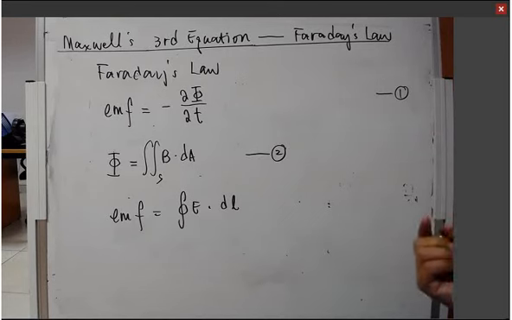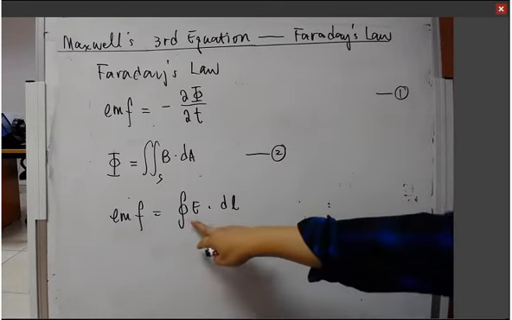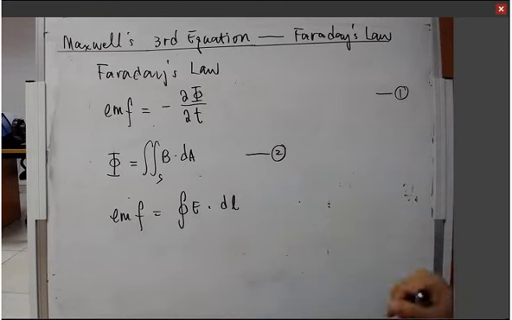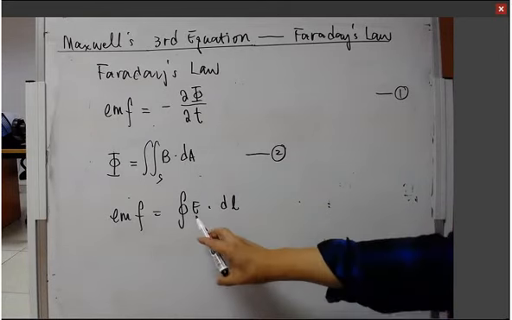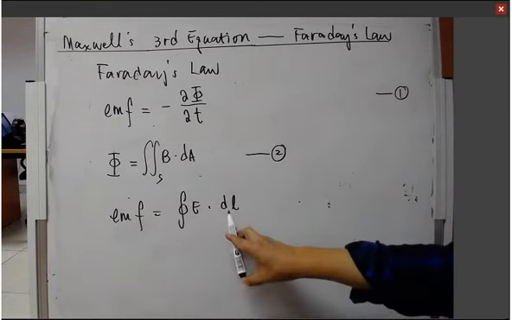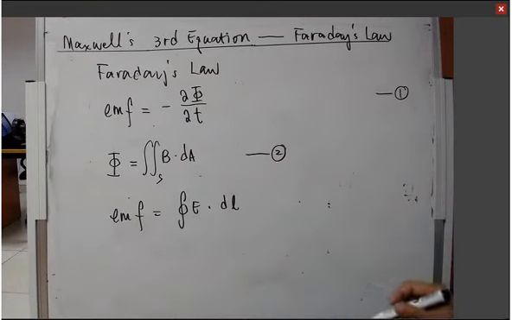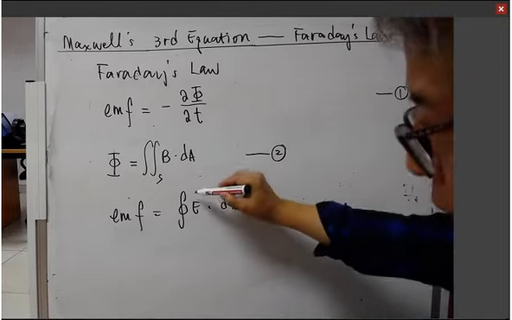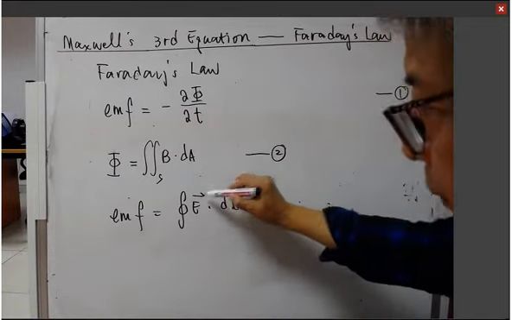According to the Stokes theorem, the loop integral of E and dl can be extended. First, we have to convert them into a vector form.